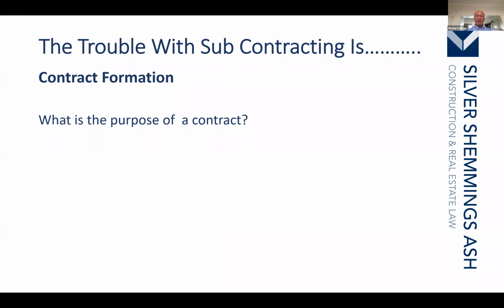The starting point, as is always the case when dealing with construction contracts, is the contract. It is my experience that on many contracts there is a subcontract in place, not always, but in the main, but they're not always signed. Therefore there can be dispute as to what the terms of the contract are.